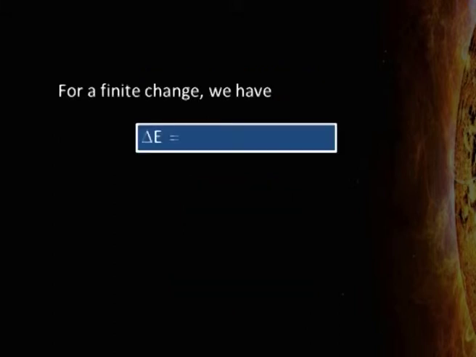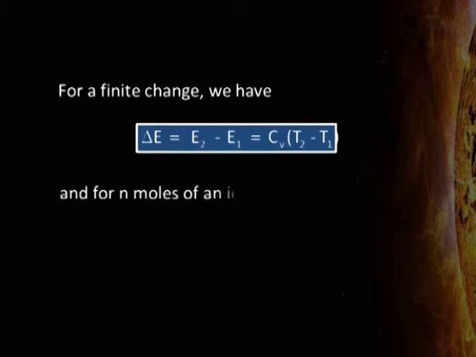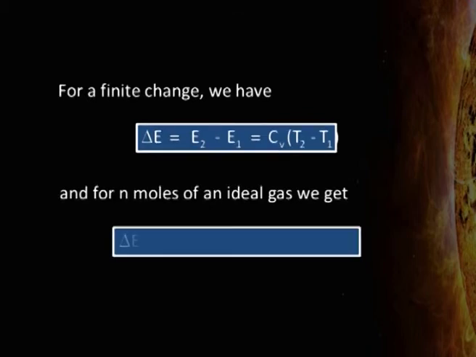For a finite change, we will have delta E is equal to E2 minus E1, which is equal to Cv multiplied by (T2 minus T1). For n moles of an ideal gas, we will get delta E equal to E2 minus E1, which is equal to n multiplied by Cv multiplied by (T2 minus T1).